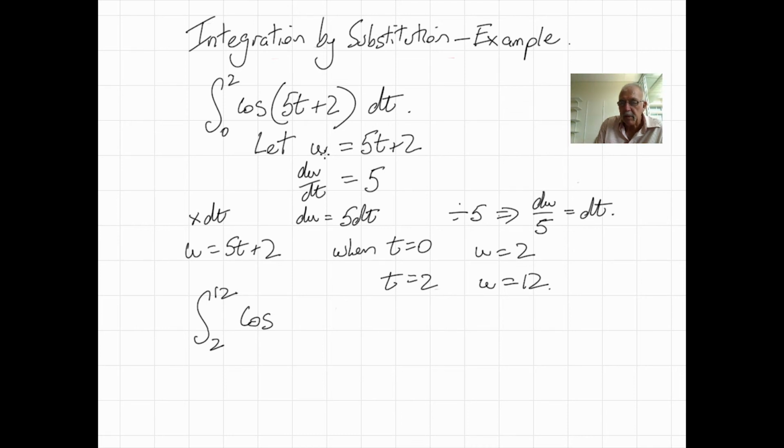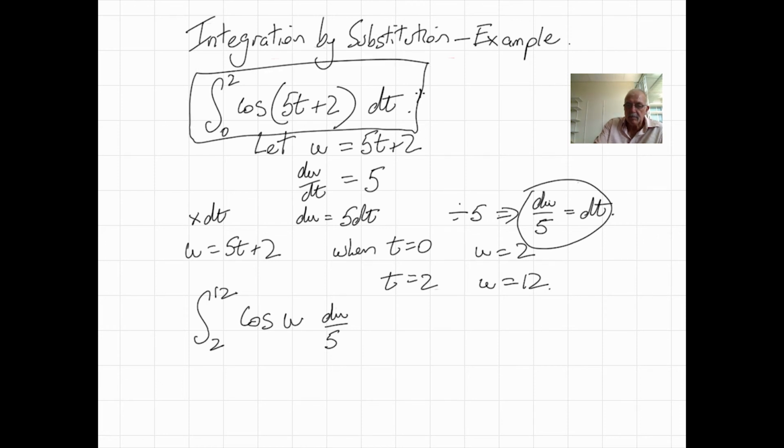This 5t plus 2 will be u, and dt is equal to du over 5, so we get dt over here as du over 5. So this integral, by using this substitution, is exactly the same as that one, but this is much easier to integrate than that.